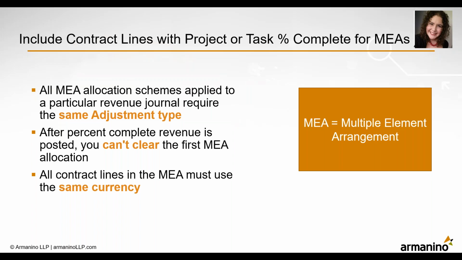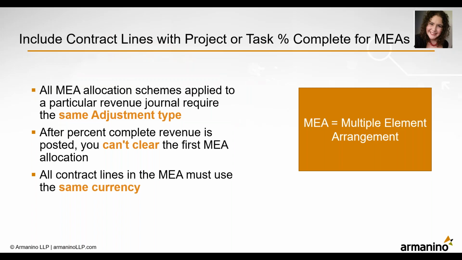As with the existing MEA allocation functionality, you can execute the MEA allocation process multiple times, with each allocation having its own specific effective date, so that balances posted prior to the effective date are not affected. And the system includes the net difference between the MEA allocations, including the type of adjustment selected.